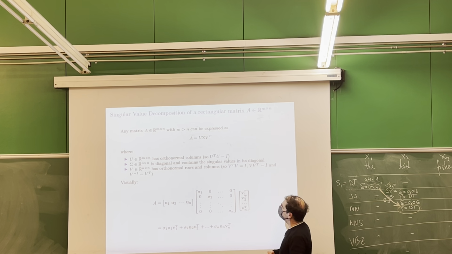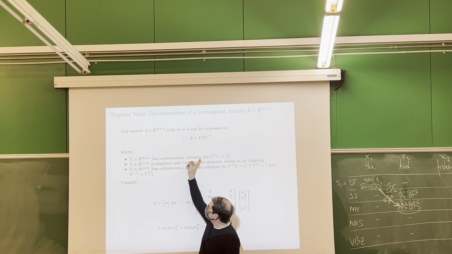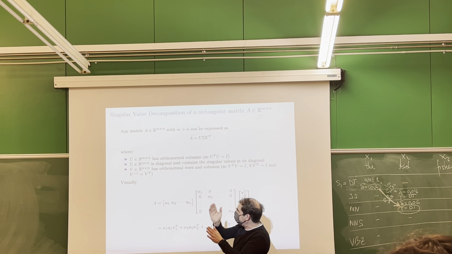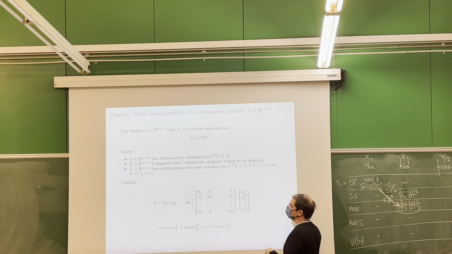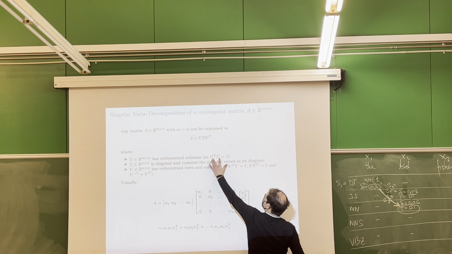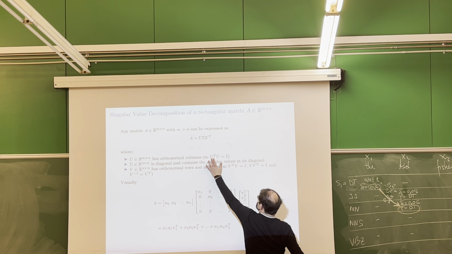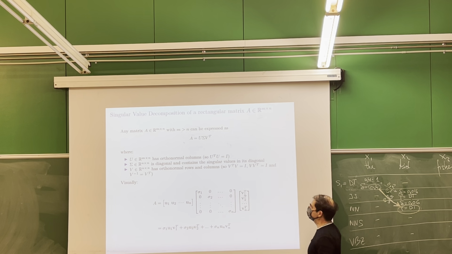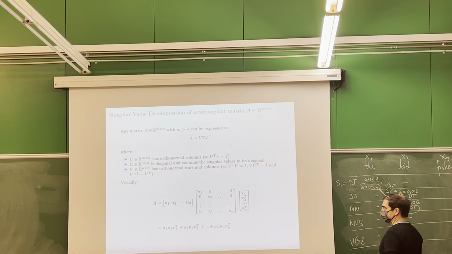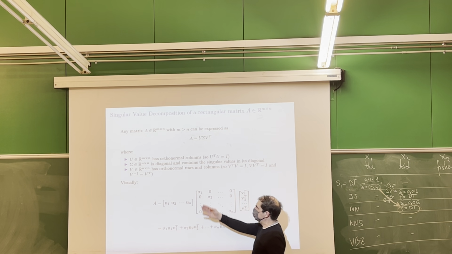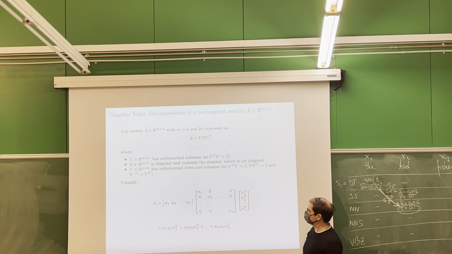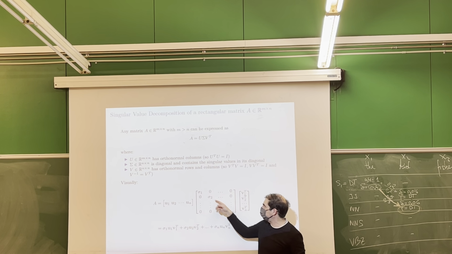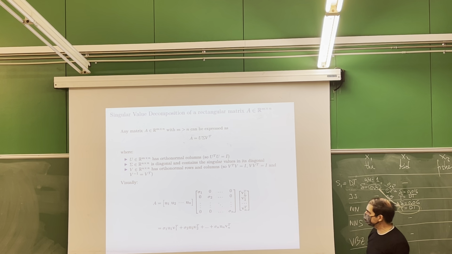Into one matrix U that has orthonormal columns, so the product of U transpose multiplied by U is the identity. Then we have the sigma matrix, which is a diagonal matrix of this kind: all zeros except on the diagonal, where we have the sigma values.